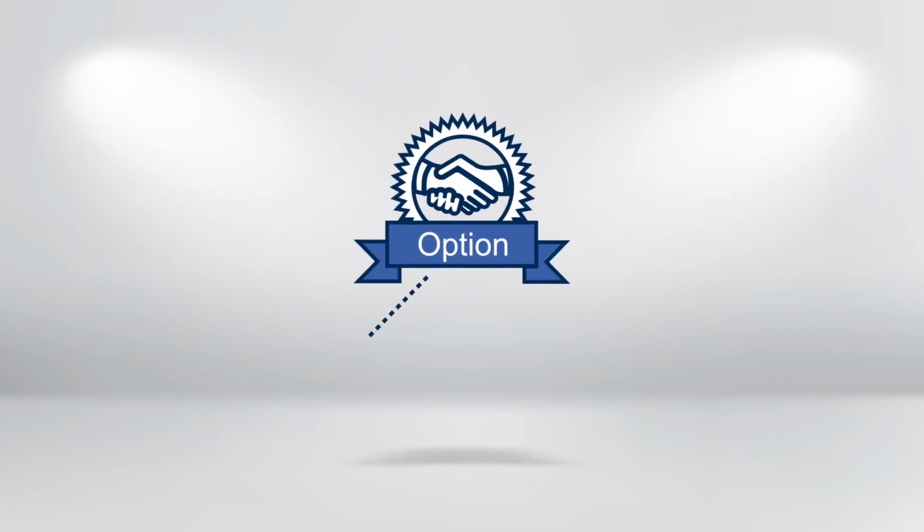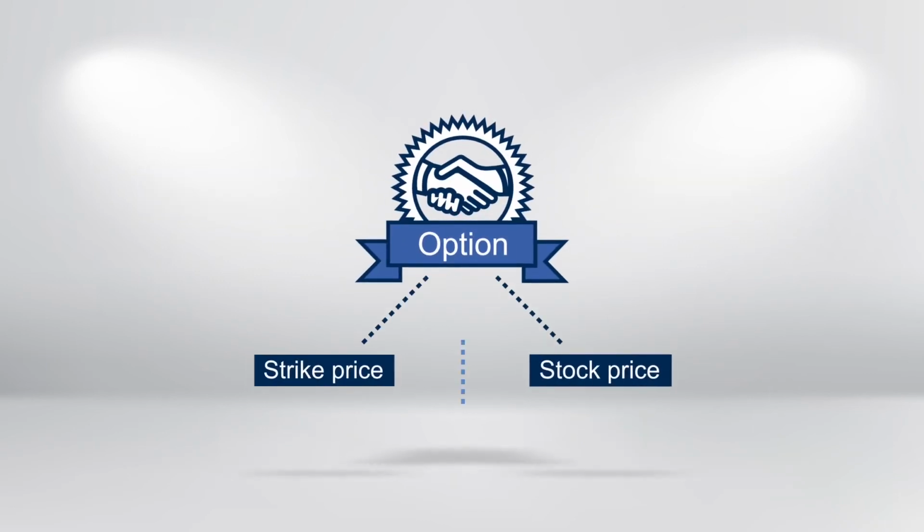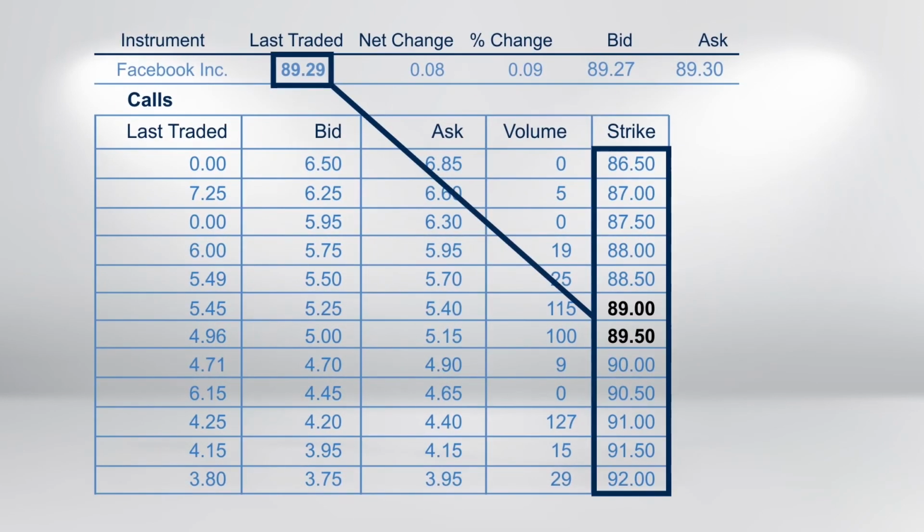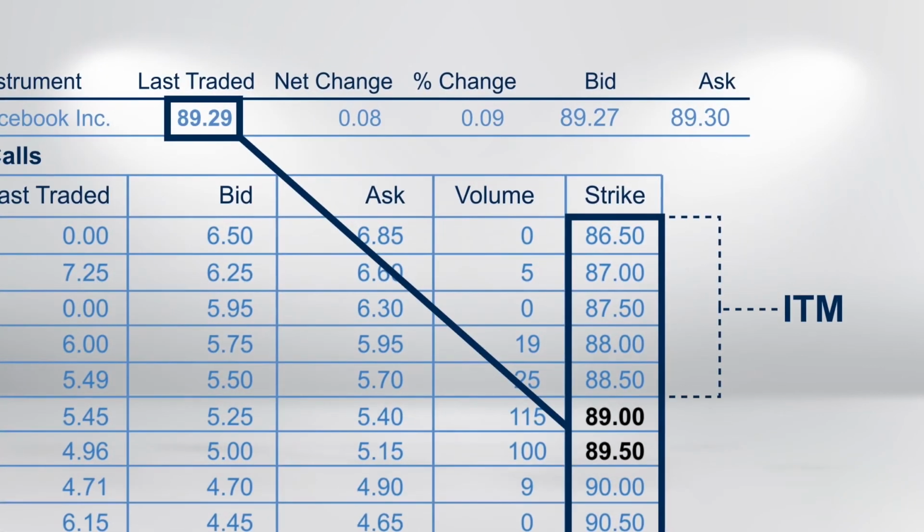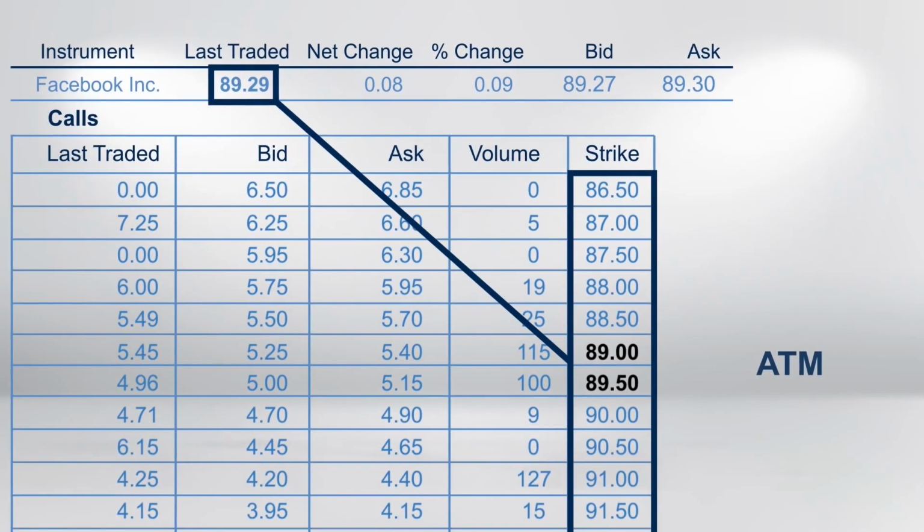The term describes the option strike price in relationship to the stock price. A call is considered in the money, or ITM, when its strike price is less than the stock price. At the money, or ATM, when the strike price is the same as the stock price.